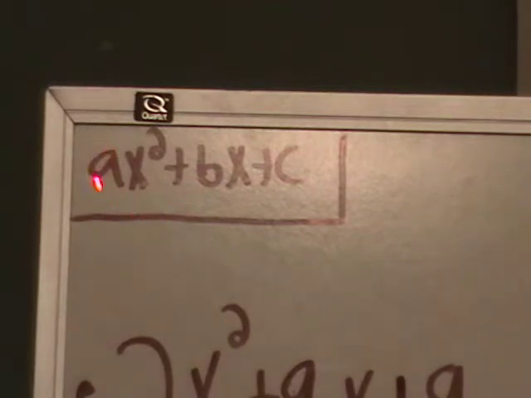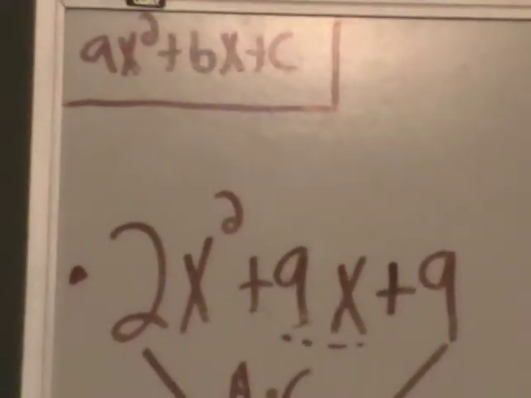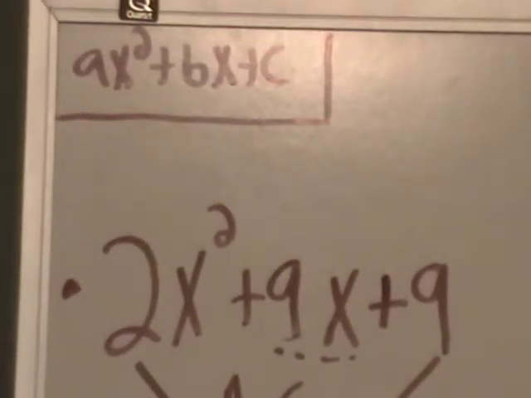You have an a with an x that's squared, a b with an x that's not squared, and a c, just being the constant. So if we look down here at this equation, we can split it into the same parts.